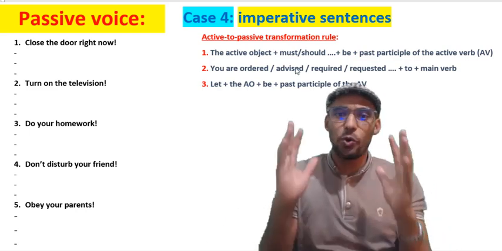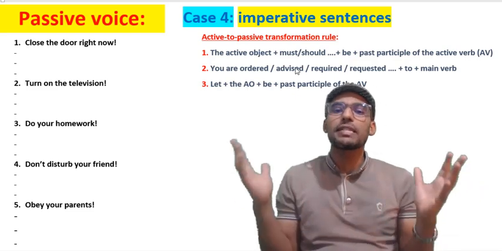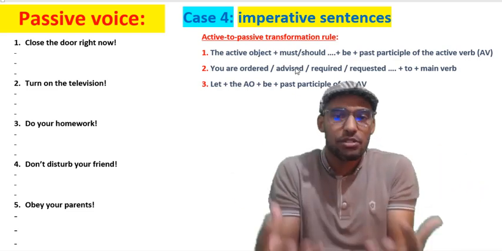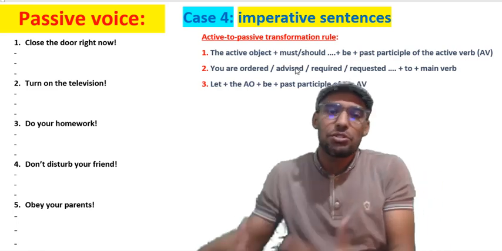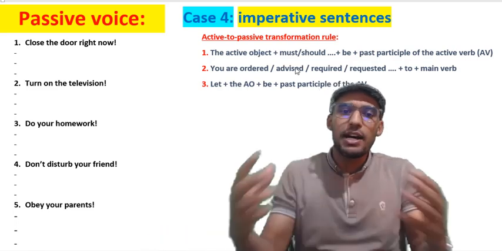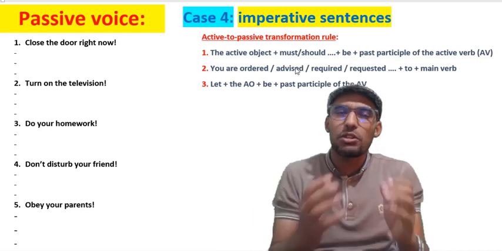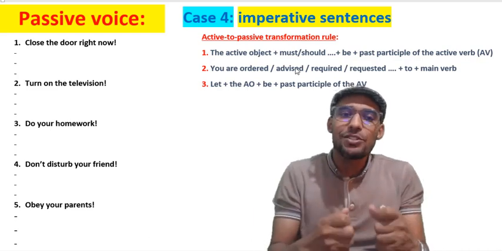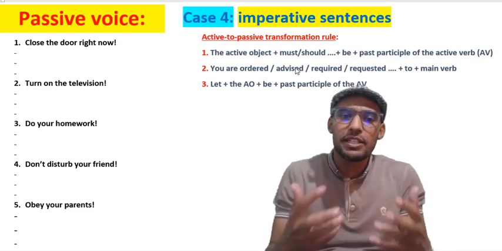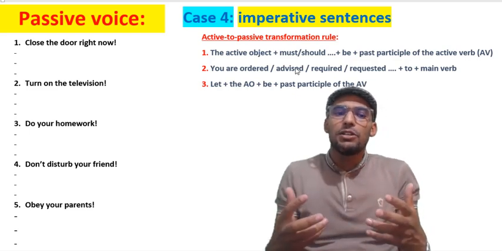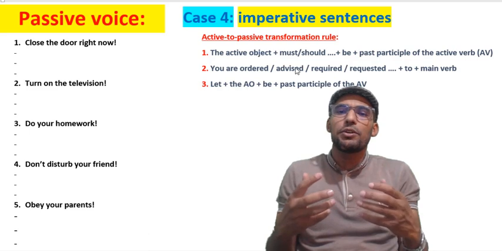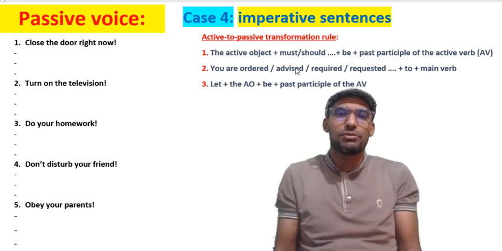If it's a clear order and obligation, we may say you are ordered to do something, right? Or you are obliged to do something, right? Because guys, why did we start here with you? Because normally in these imperative sentences, the person who is addressed is you, right?